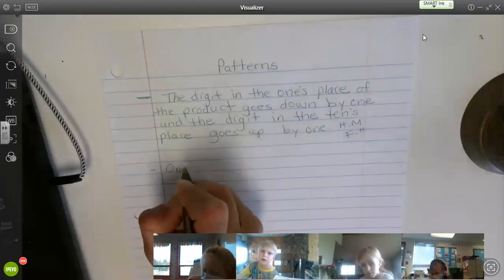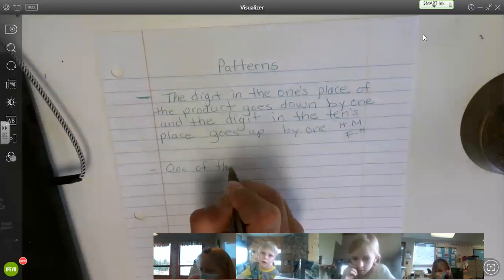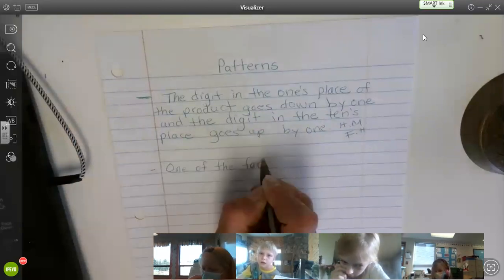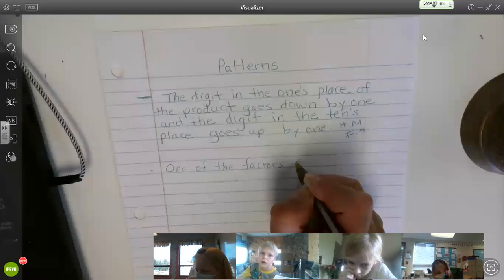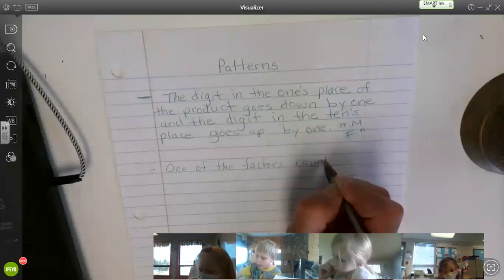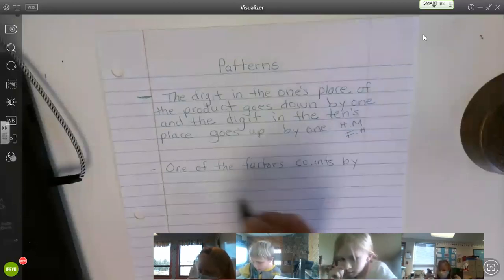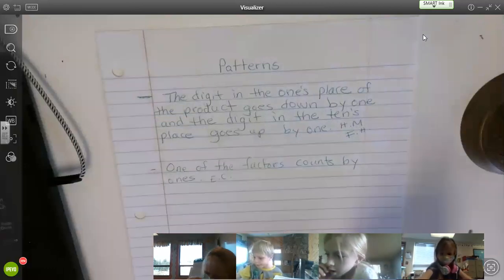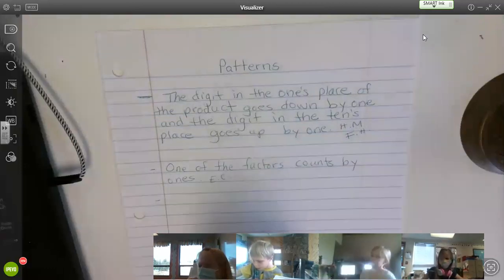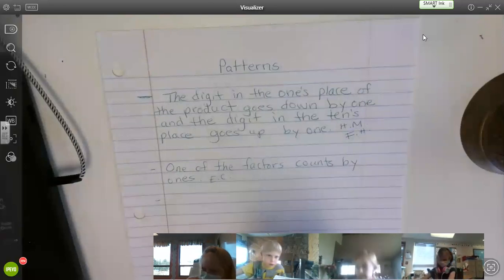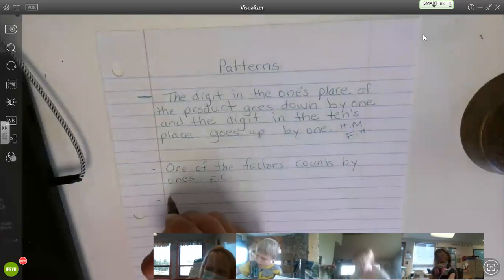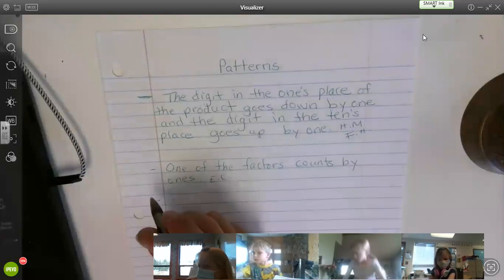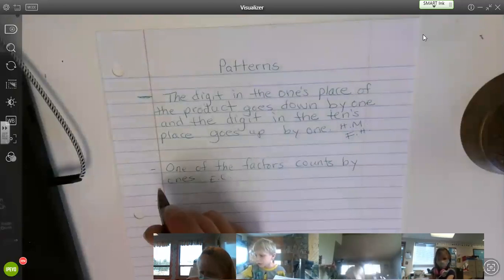One of the factors counts by ones. All right. What about you, Sunny Poe? In the second factor, there's 9 when you move the box. So the second factor is always a 9.